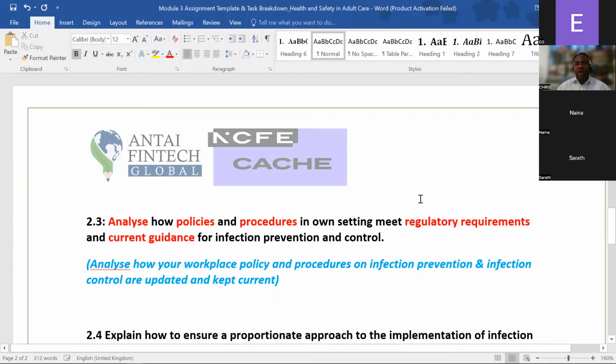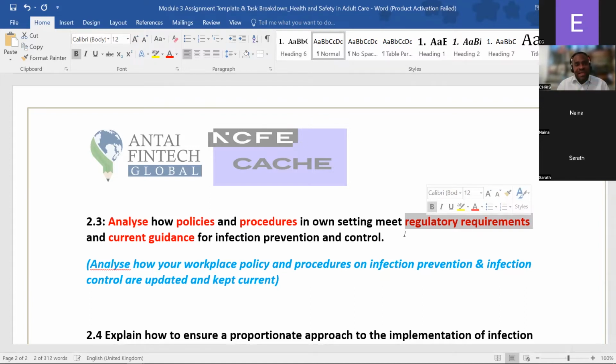What are government requirements? That is the law. So let's assume I'm working in a care home. I'm the deputy manager or the manager. I must make sure that the policies of my care home cover all the relevant health and safety laws and regulations for both staff and the service users who are working or living in that environment.